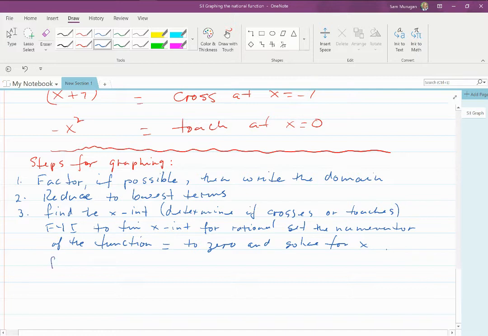And then find the y-intercept by setting x equal to 0.